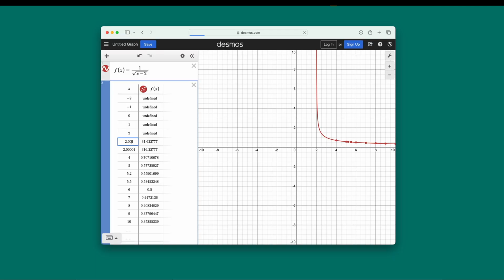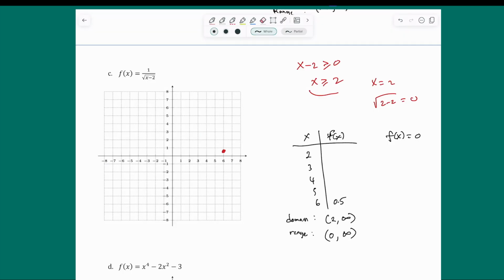Plug in 2.5 into the graph there. 2.5 for x would be right there, and that would be about 1.14. So right about here. Okay, and we saw that it kind of shot up pretty steep this way, and then as it went this way, it kind of got flat.